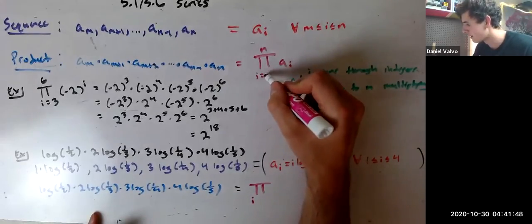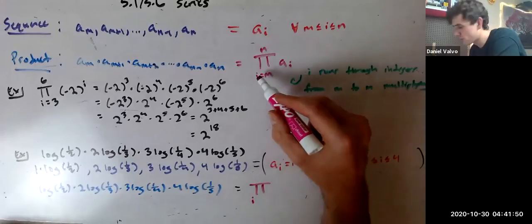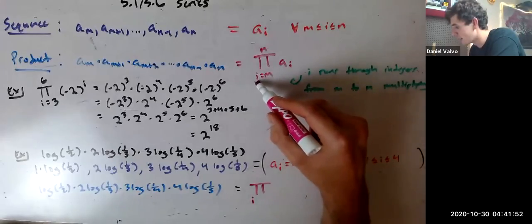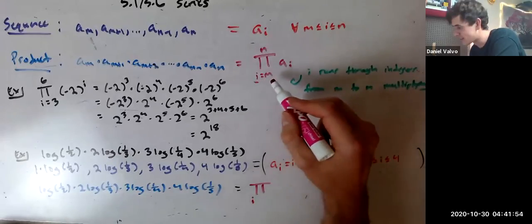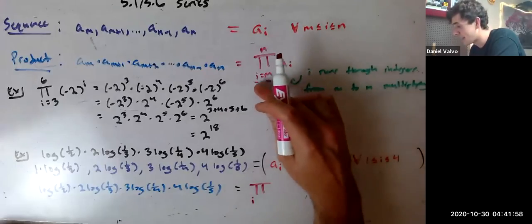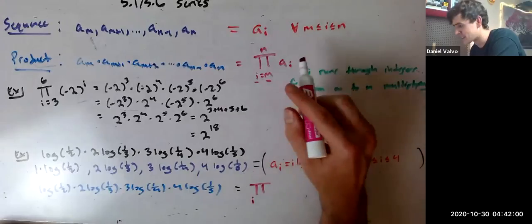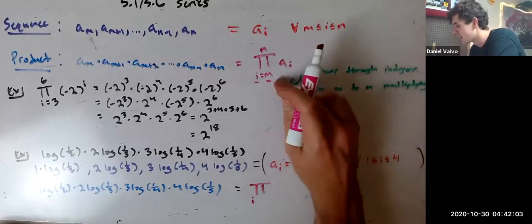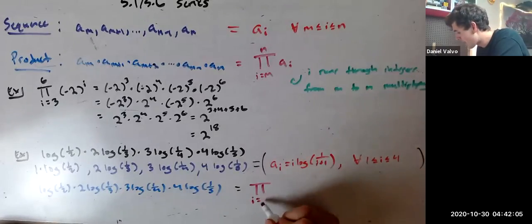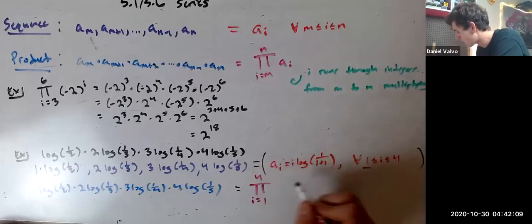My bad. The left part here tells you what the variable that's running over is. The right one tells you where to start. And so I don't want m and starting at i, because it doesn't make any sense. There's an i here, what's going on? Anyway, so I want i to start at 1 and go to 4.